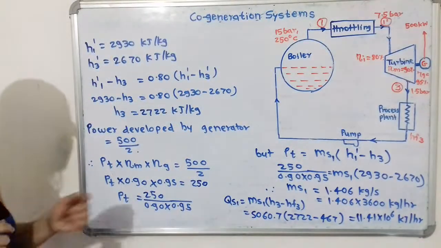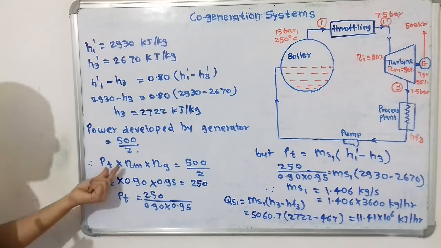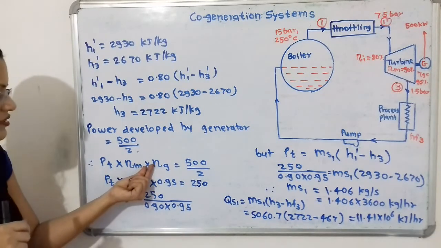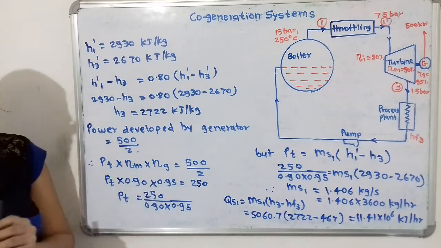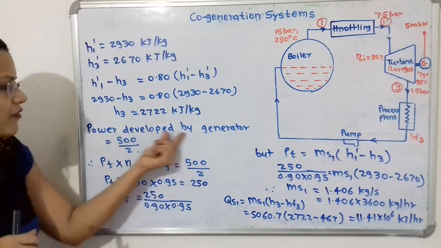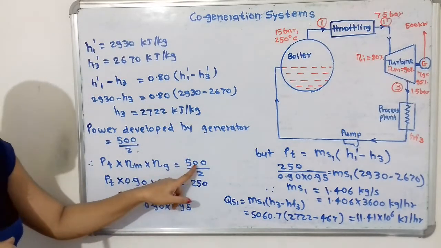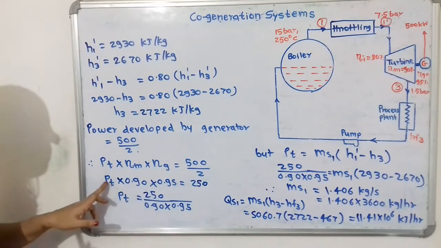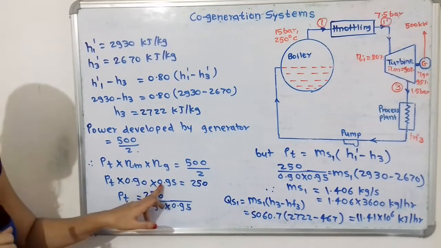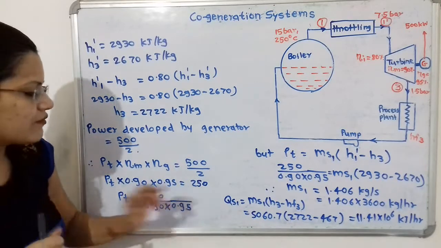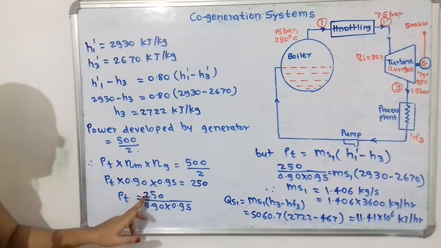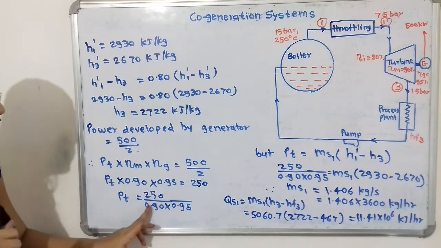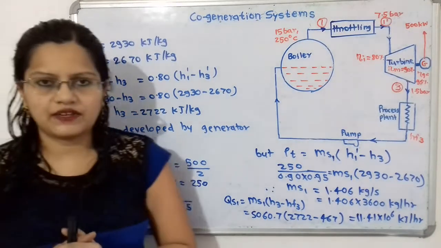So we write: power developed by turbine multiplied by mechanical efficiency multiplied by generator efficiency is equal to power developed by generator, which is equal to 500 by 2. So PT multiplied by 0.90 into 0.95 is equal to 250. So PT is equal to 250 divided by 0.90 into 0.95.